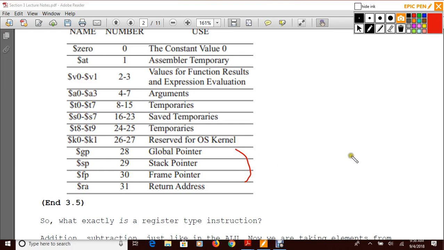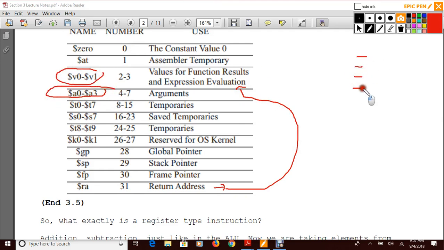The last thing is return address. So the return address, remember that I have a function I can pass. This is the result. These are the function inputs, right? So I do some stuff in the physical instruction memory, right? I conduct a number in this function, and then the actual main function is located in another place.